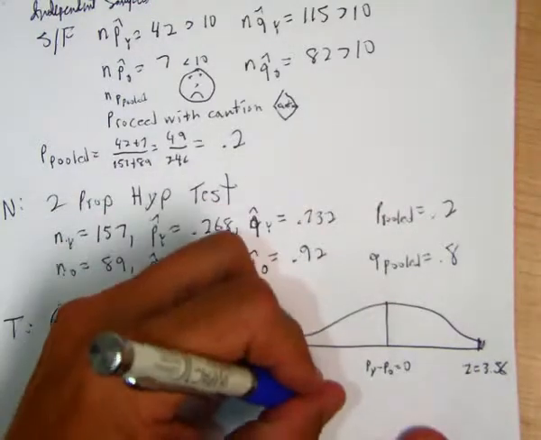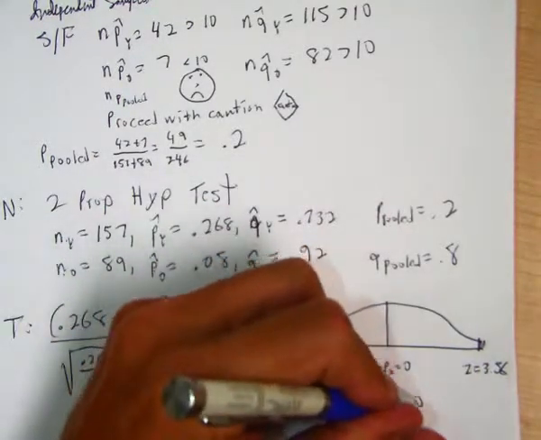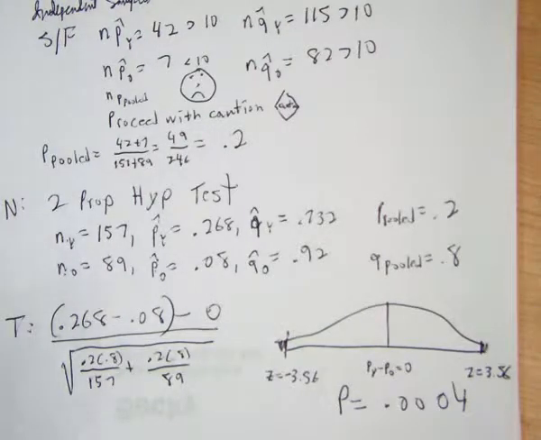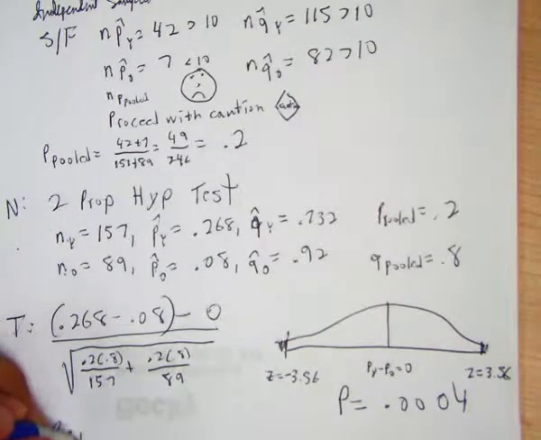And our big p value is 0.0004. Okay, we kind of combine these two. So this is name the test, make decision. We're going to reject H sub 0.